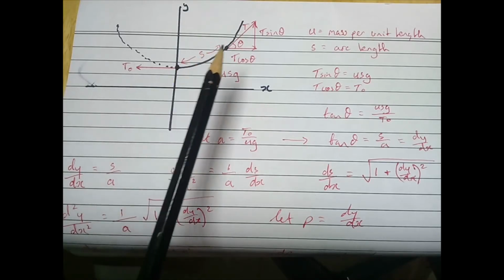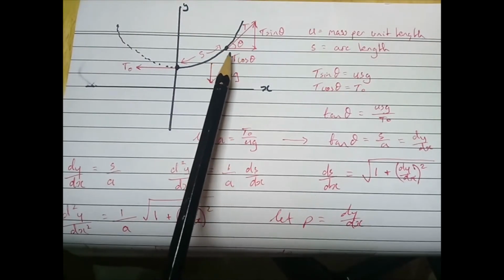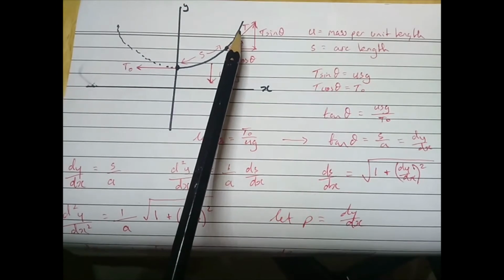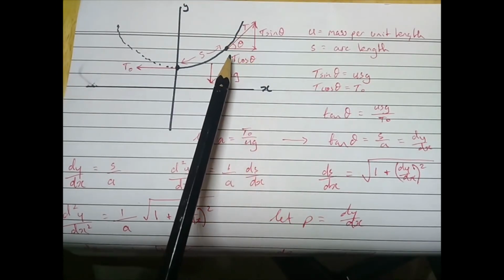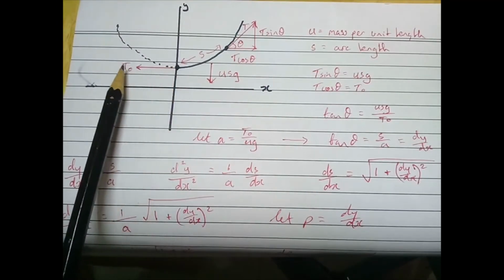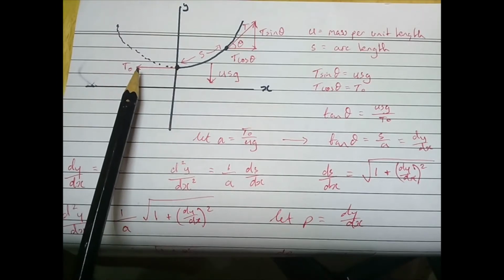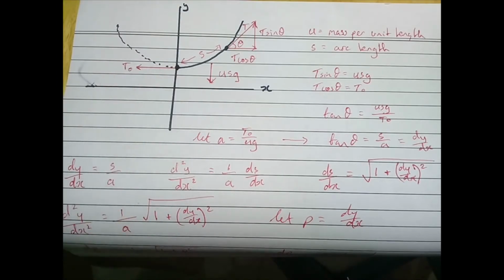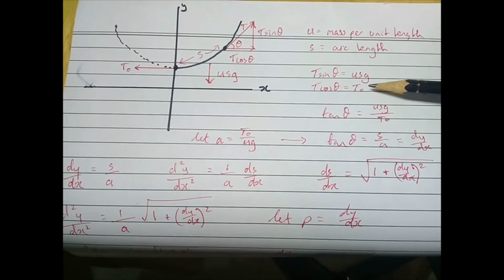Now looking at the horizontal components, I've got my horizontal component of tension acting to the right there, that's T cos theta. And that must equal the tension at the lowest point, which is T0. Alright, so that's how we set the system up, ready to derive the ultimate equation.